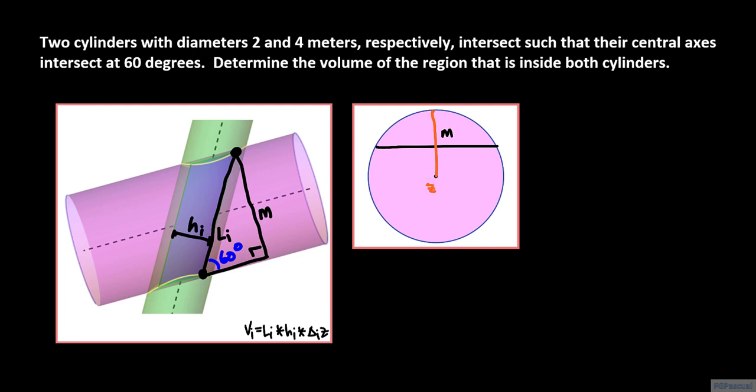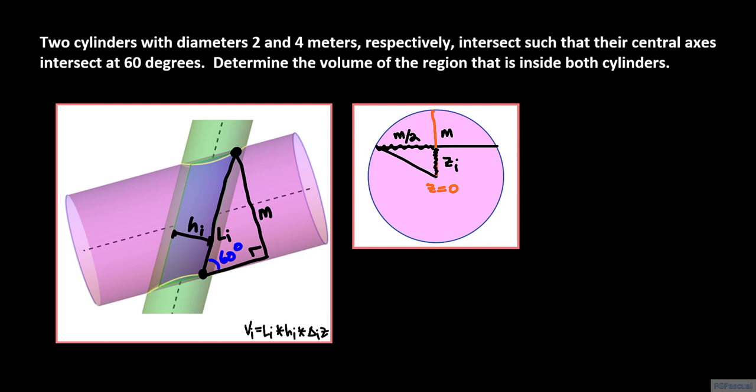Let z be equal to 0 on the big cylinder's central axis. Suppose that the z value on the top face of the ith section lies on z equals z sub I. The length of this segment must be m over 2.